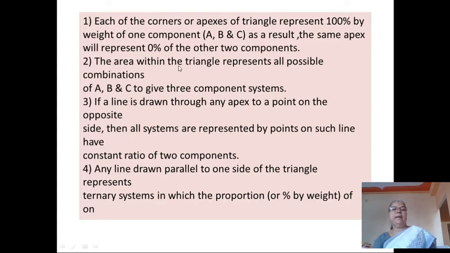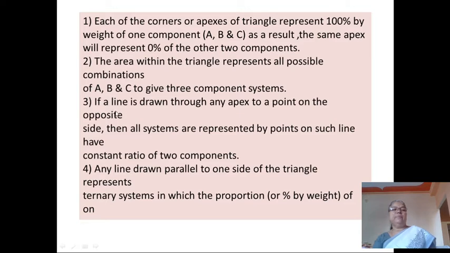Then the area within the triangle represents all possible combinations. That means the area within the triangle represents the compositions of all the three components, combinations of A, B and C to give a three component system. This is the second rule.